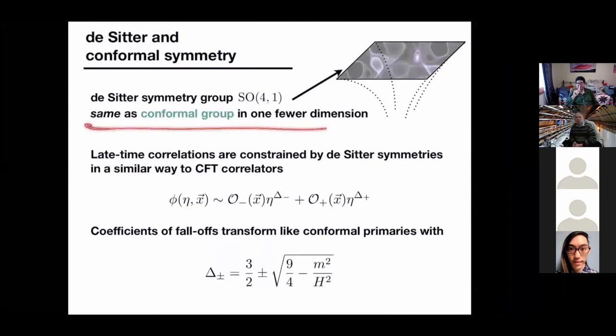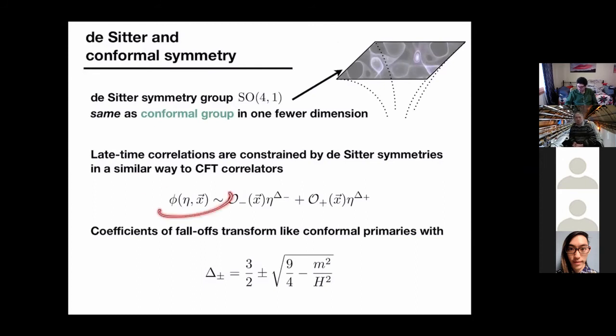So for my purposes, the only fact you really need to know is that, like I said, the de Sitter symmetry group is the same as the conformal group in one lower dimension. And this implies that late time correlations of fields in de Sitter space are constrained by the de Sitter symmetries in a similar way to CFT correlators. This is almost exactly the same as what happens in AdS/CFT.